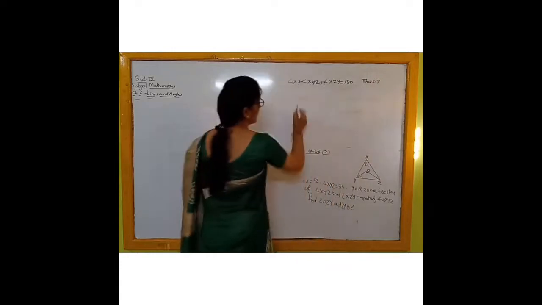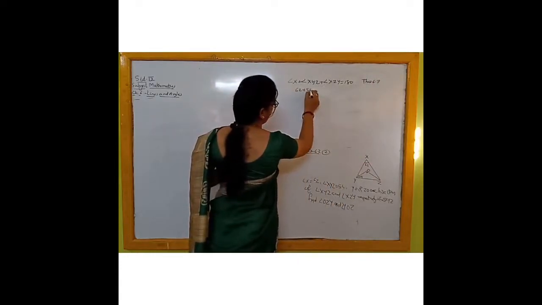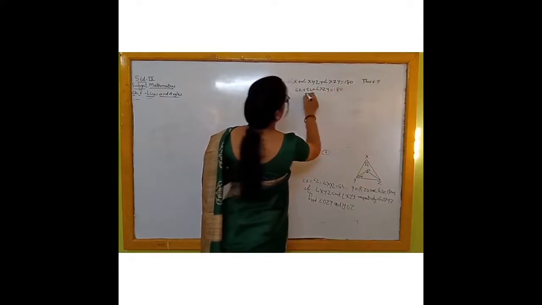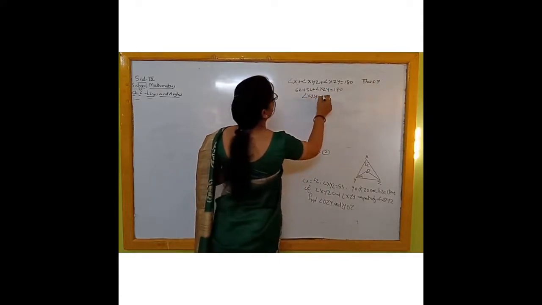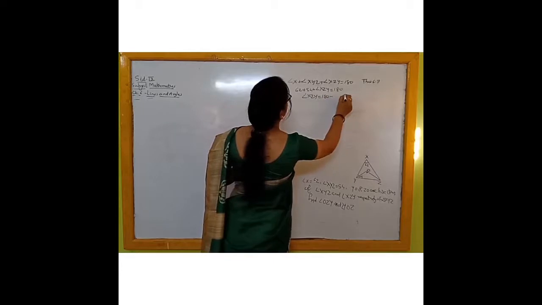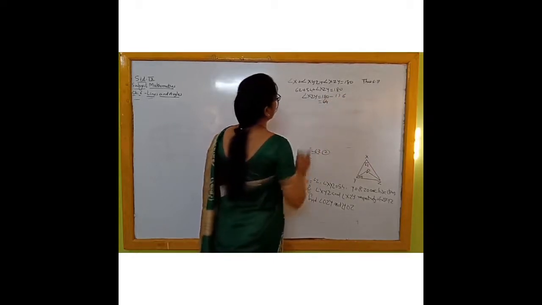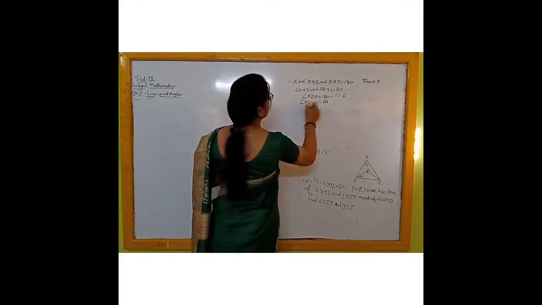So 62 plus 54 plus angle XZY is equal to 180. Angle XZY is equal to 180 minus 116, which is 64.